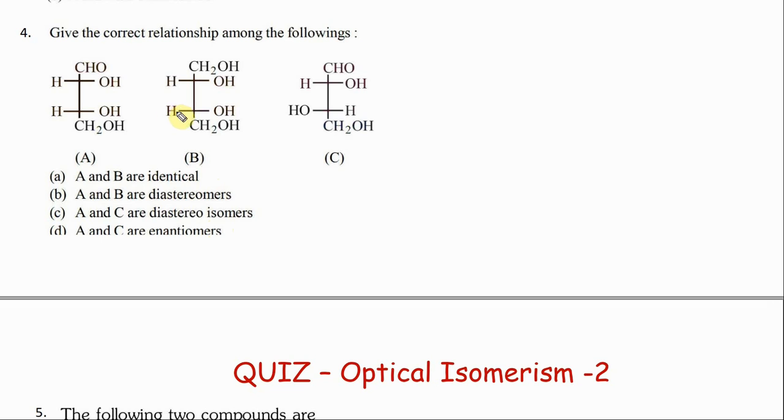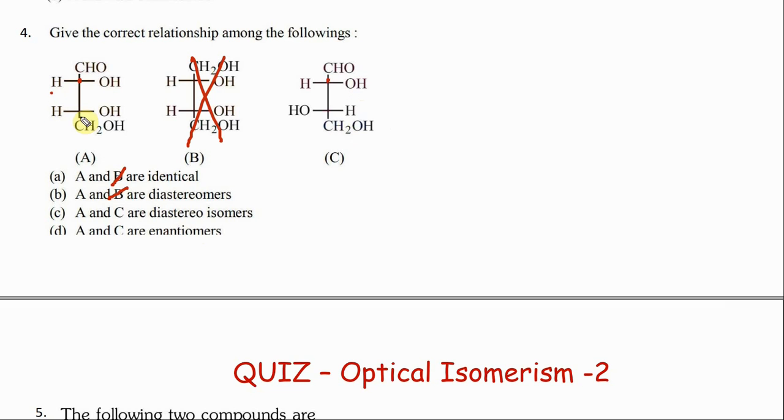Okay, so now what we can do is look at the molecule. CH2OH is here, CHO is on top, the most oxidized. There is no CHO in this one. So B is gone. B is a completely different molecule. It's not even an aldehyde. So this option is wrong, this option is wrong. So I just have to figure out these two. Look at this. In this carbon OH is on the right side, in this carbon OH is on the right side.